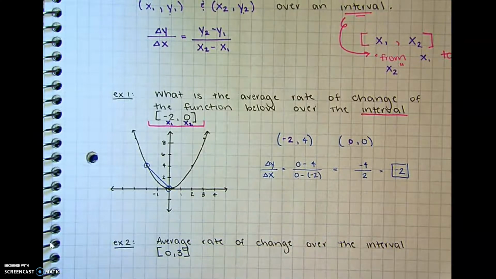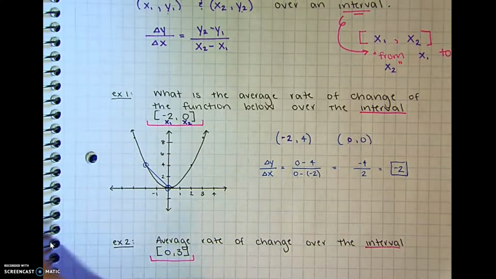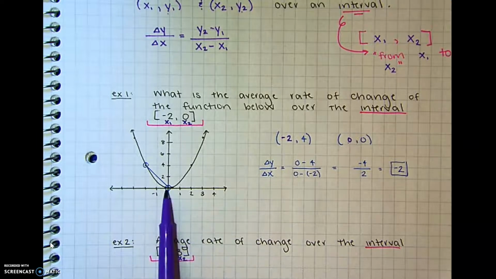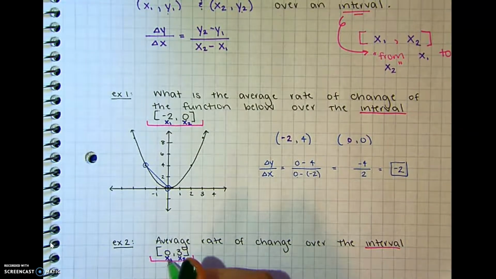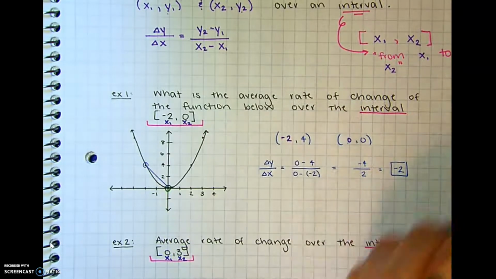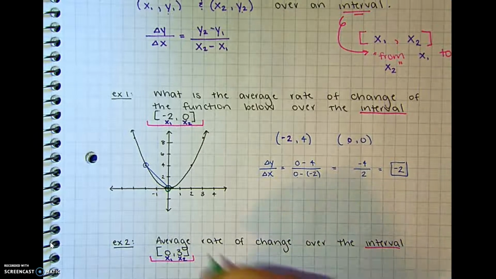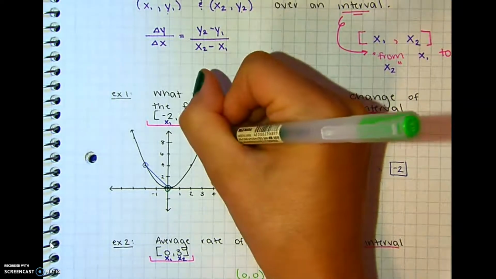And we're going to use the graph above. So again, this is the interval. This is x1, and this is x2, right? So we're going from 0 to 3. What's the average rate of change? So first things first, let's come up with that first value. Well, when x is 0, we already did that. Y is 0. And then the second one is going to be the x value of 3, and that's at 9.